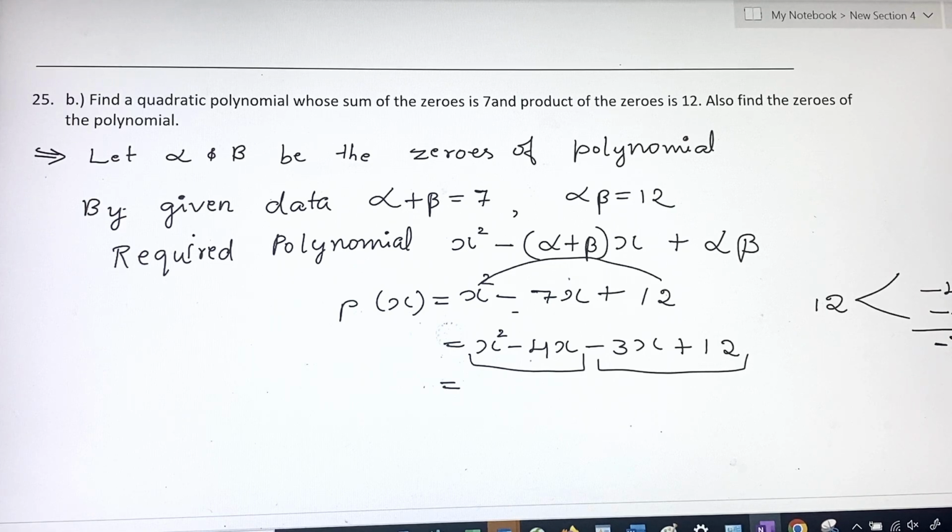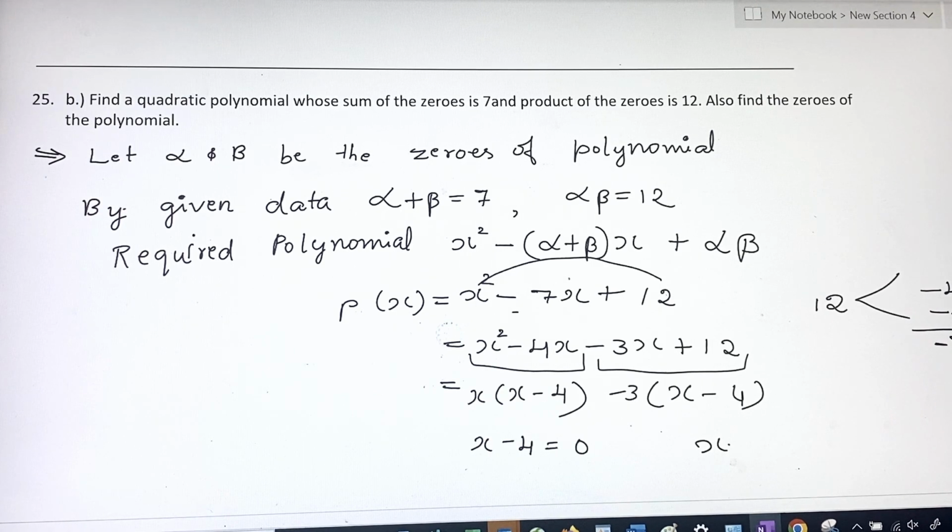If I take x common here, then x minus 4, next I'll take minus 3 common here, so x minus 4. That means x minus 4 is equal to 0, and the other equation is x minus 3 is equal to 0.